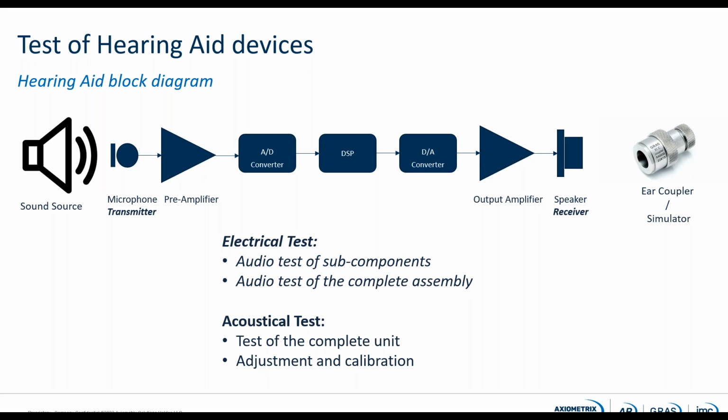The acoustical test is a test of the complete unit when it's leaving the production line. We also use the acoustical test for adjustment and calibration, adjustment for the patient. So we are adjusting the hearing aids according to the patient's hearing.